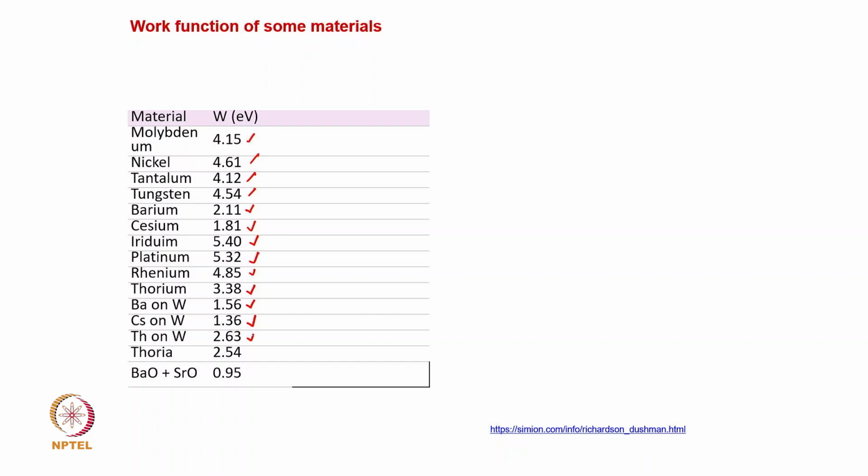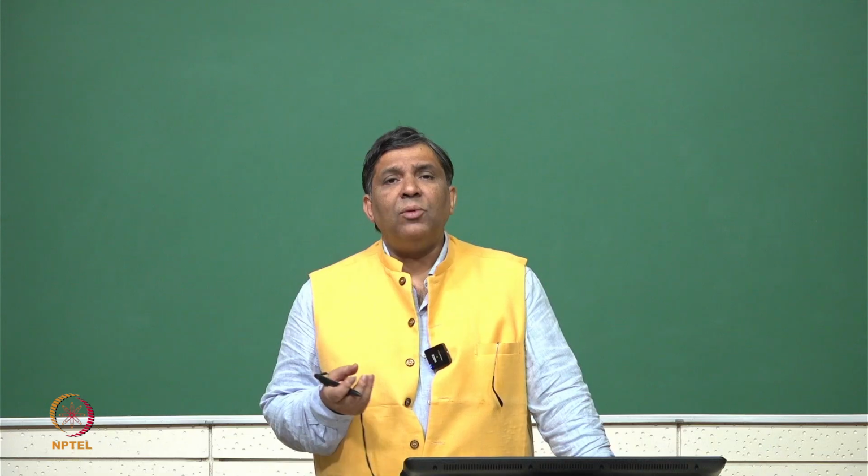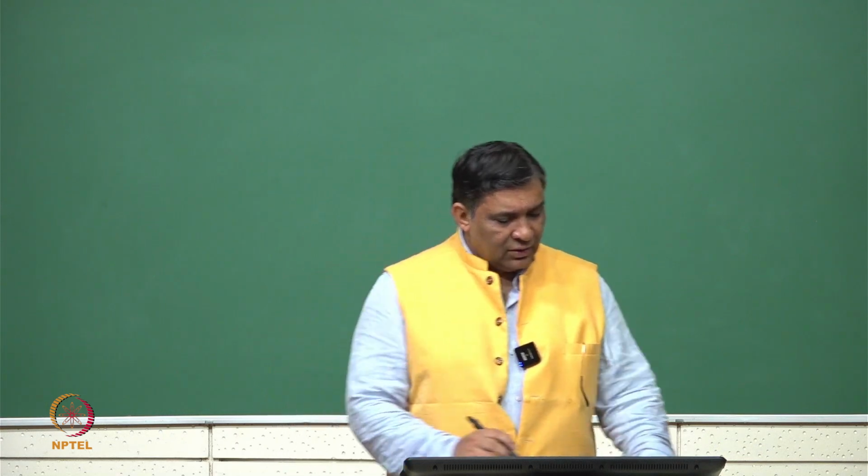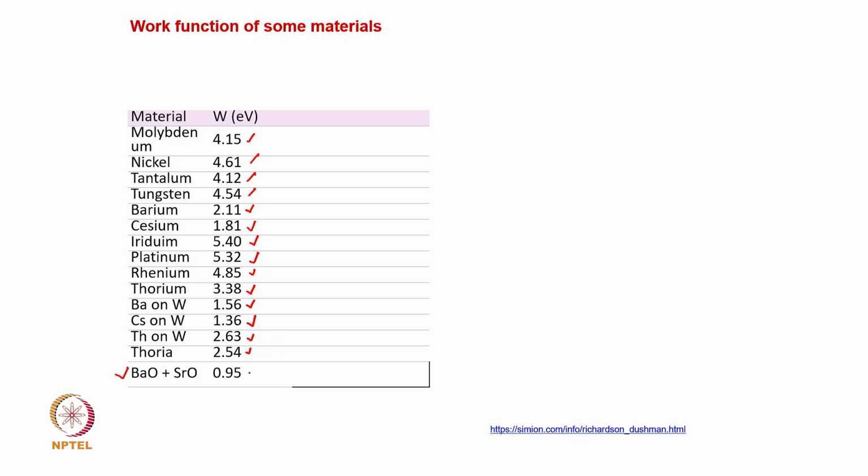Thorium on tungsten, which is a popular one, reduces to 2.63 electron volt, and thoria is 2.54 electron volt. And one typical oxide material which is very popular is a combination of two oxides, say barium oxide and strontium oxide; the work function is quite low. So, the combination of oxides is another very good choice of thermionic emitter material.